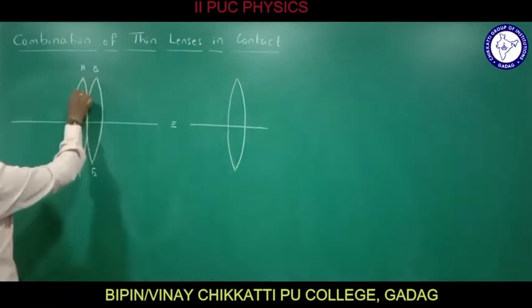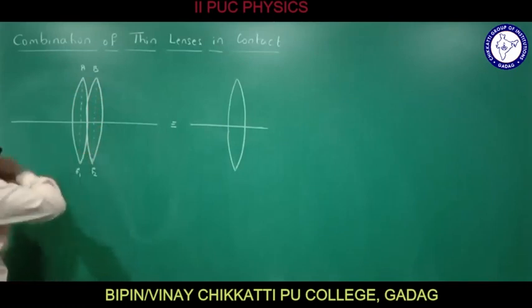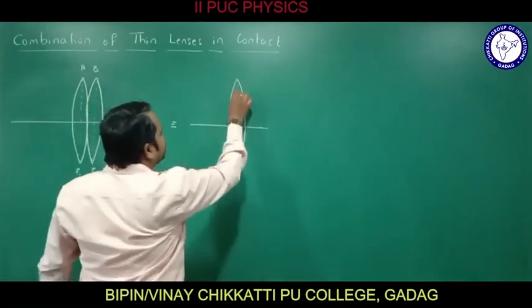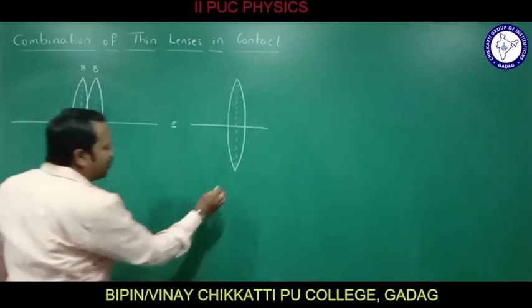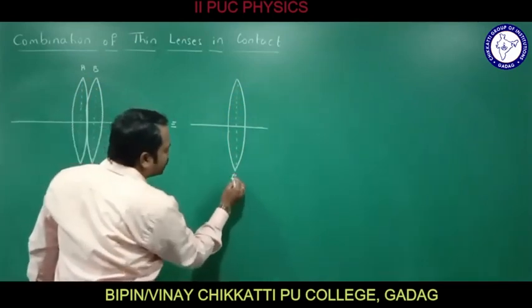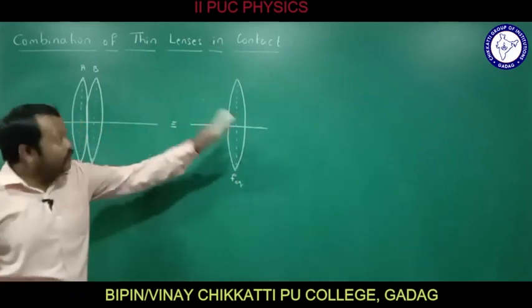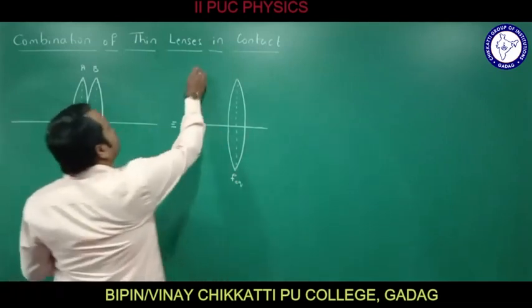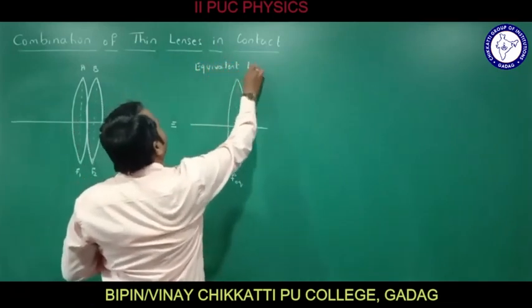For example, this is lens A, and this is lens B. So this is the equivalent lens. And the focal length of the equivalent lens, let me call it F equivalent. So this lens is the equivalent lens.